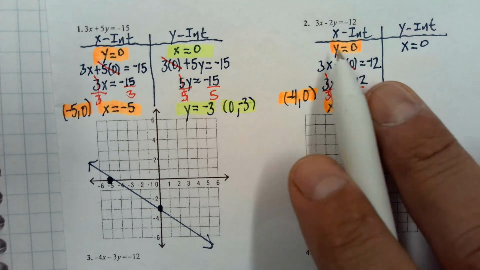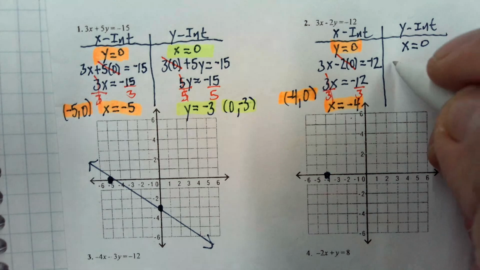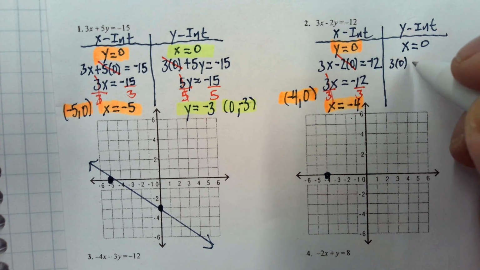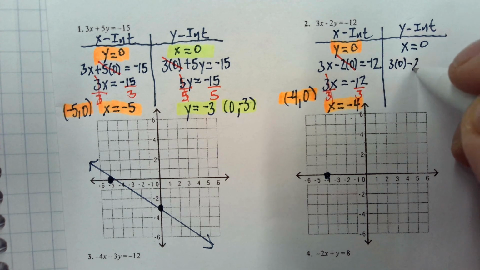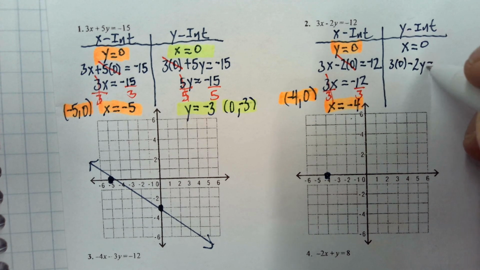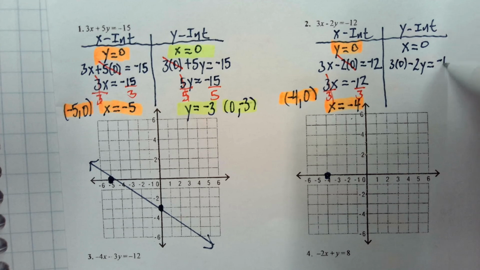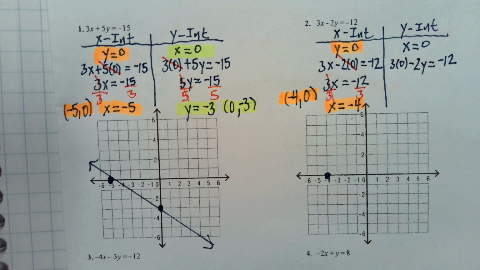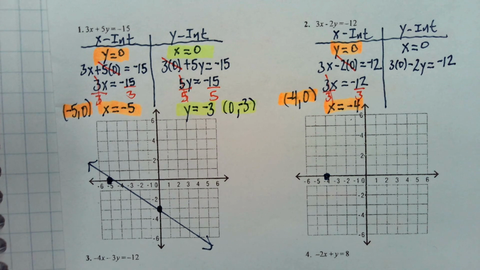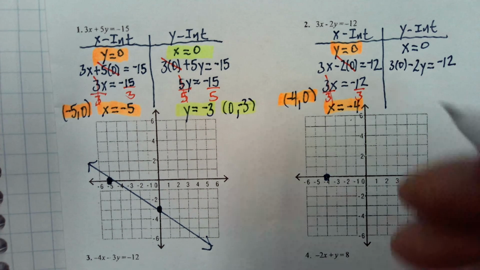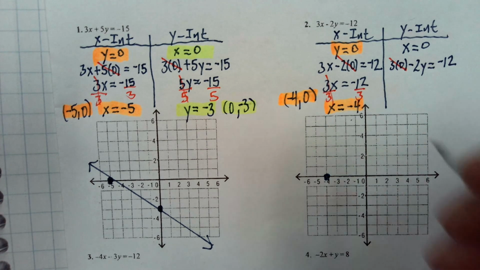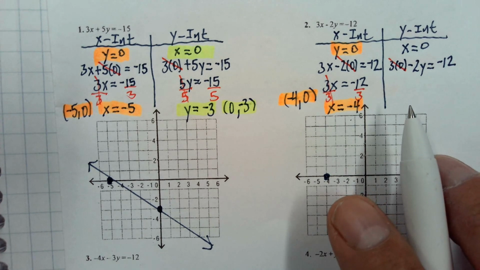So now we're going to find the other one. For this one, we're going to replace x with 0. So this is going to be 3 times 0 minus 2y equals negative 12. Okay. And 3 times 0 cancels out. It goes away. What do I have left?